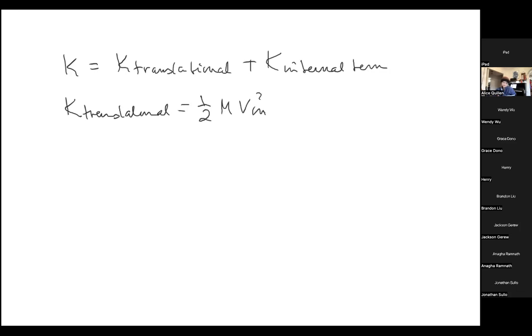And the internal term is the kinetic energies with respect to the center of mass, so it's v_i minus v center of mass, squared. And my notes are missing a small index there.